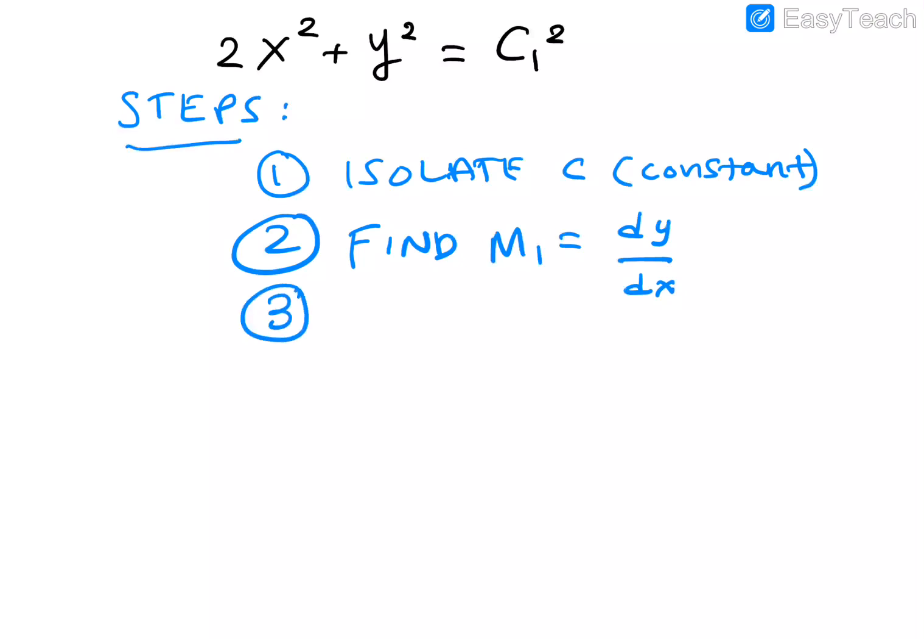And third, we want to find our m2, which is equal to the negative 1 over m1. So it's just going to be the negative reciprocal. Once you find your m1, you just take your negative reciprocal and you have your m2. So we'll go ahead and follow those steps.